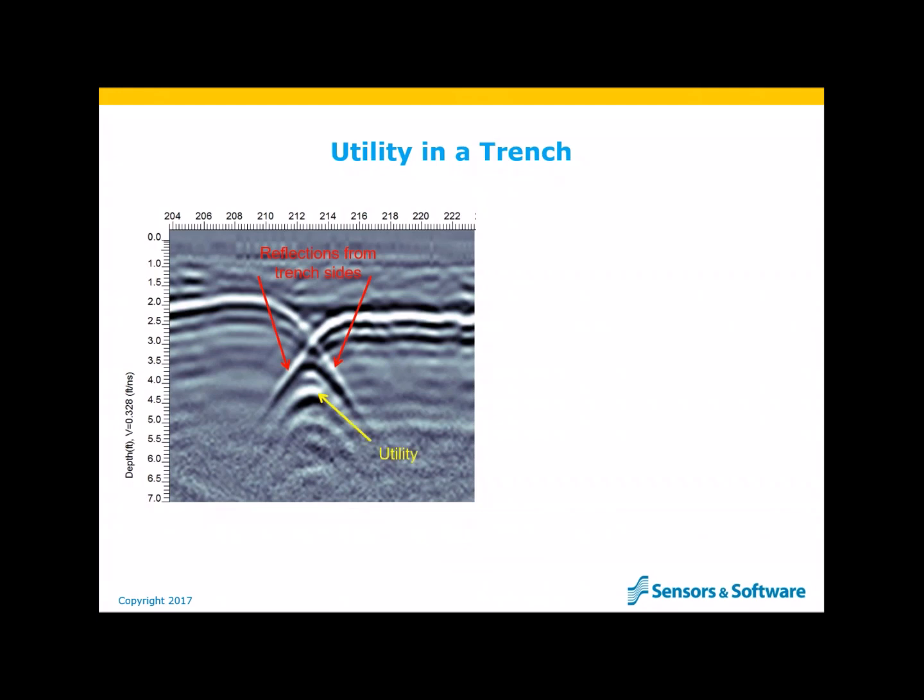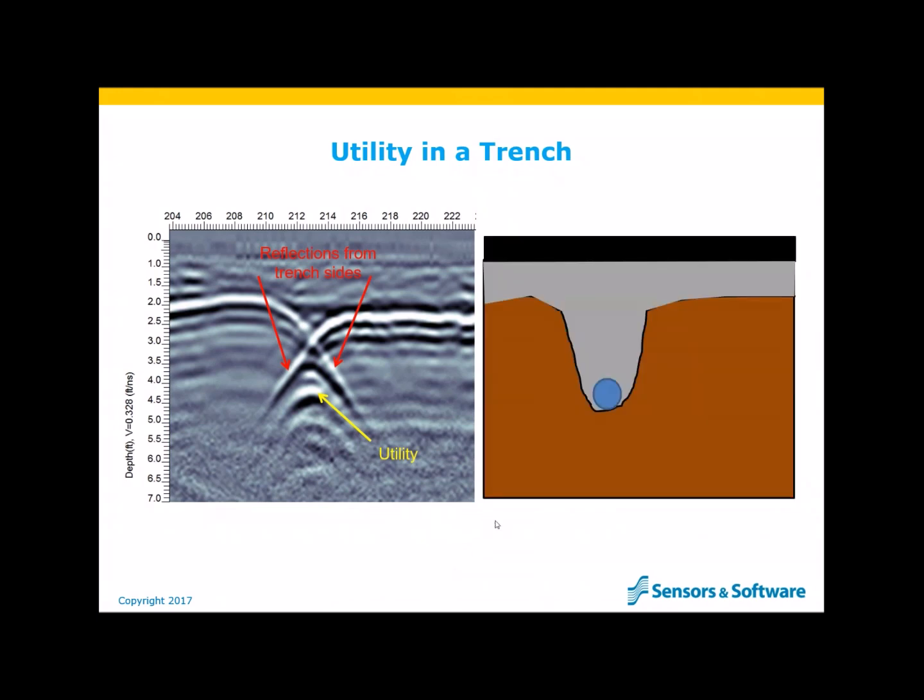I have an animation that shows why a narrow trench results in an X pattern. It comes down to the GPR signals reflecting from the far side of the trench as you approach the trench and move away from it, similar to our earlier discussion about round objects and hyperbolas.